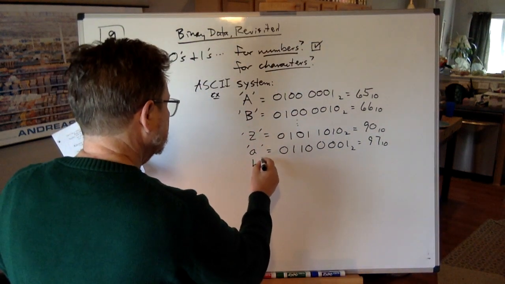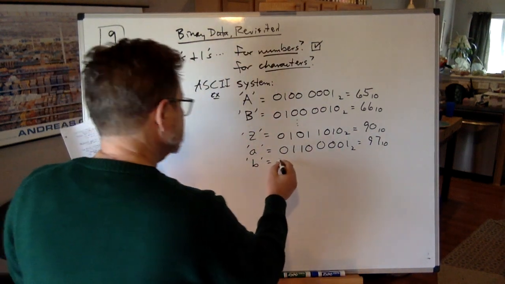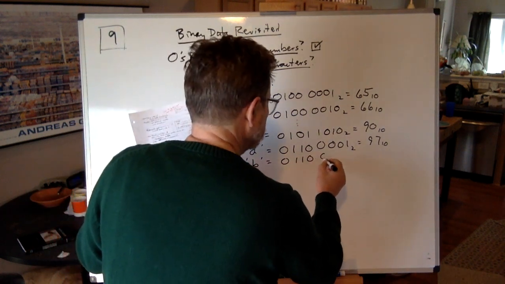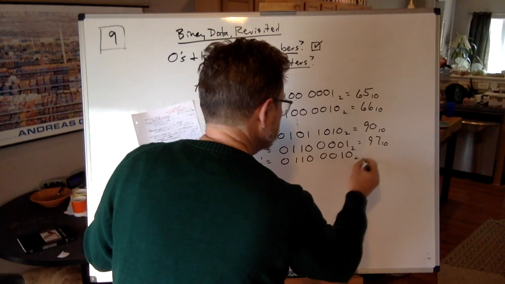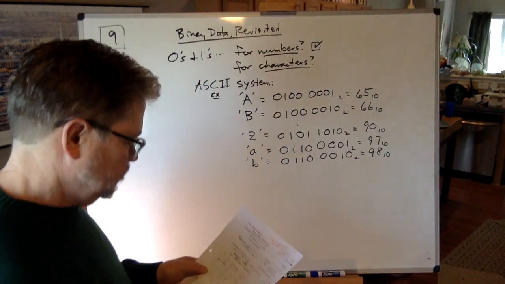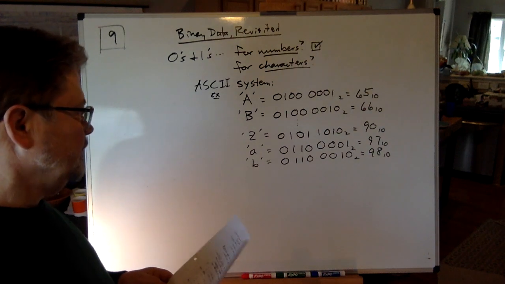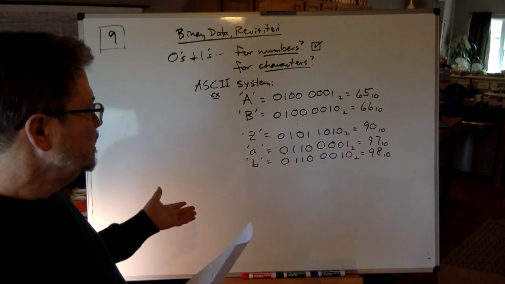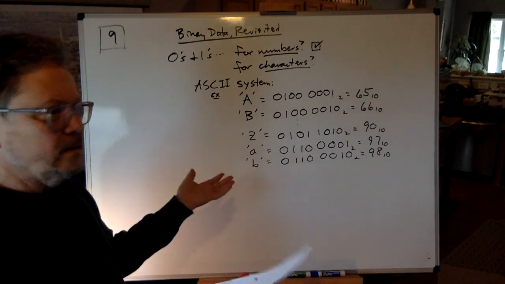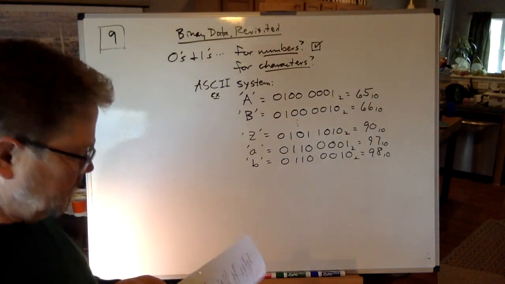Lowercase b is 0, 1, 1, 0, 0, 0, 1, 0, base 2, which you guessed it, that's 98 in base 10. Now, the only interesting thing for me about that is the lowercase letters are bigger numbers than the uppercase letters. Who cares? I don't know.